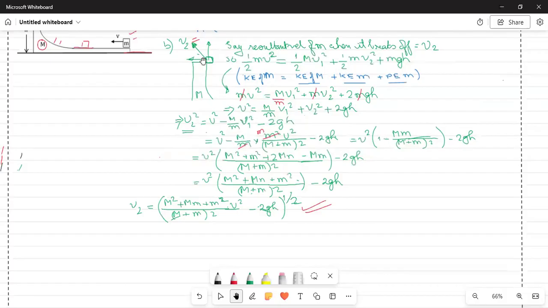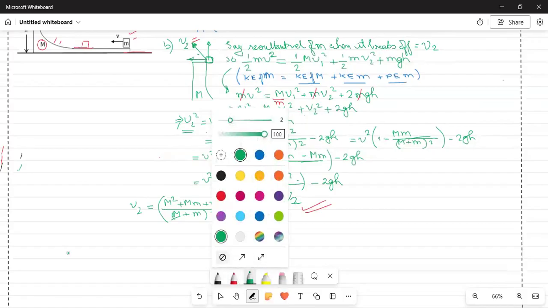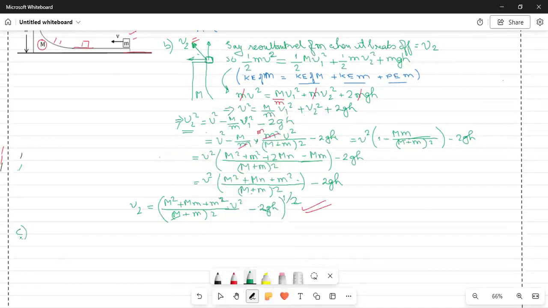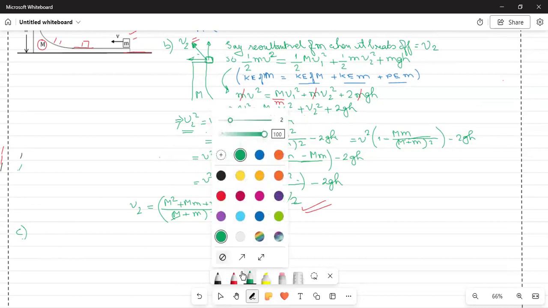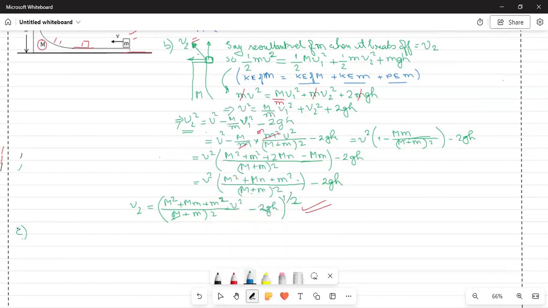This will have a vertical component, of course. This vertical component will take it upward. That was question number C.